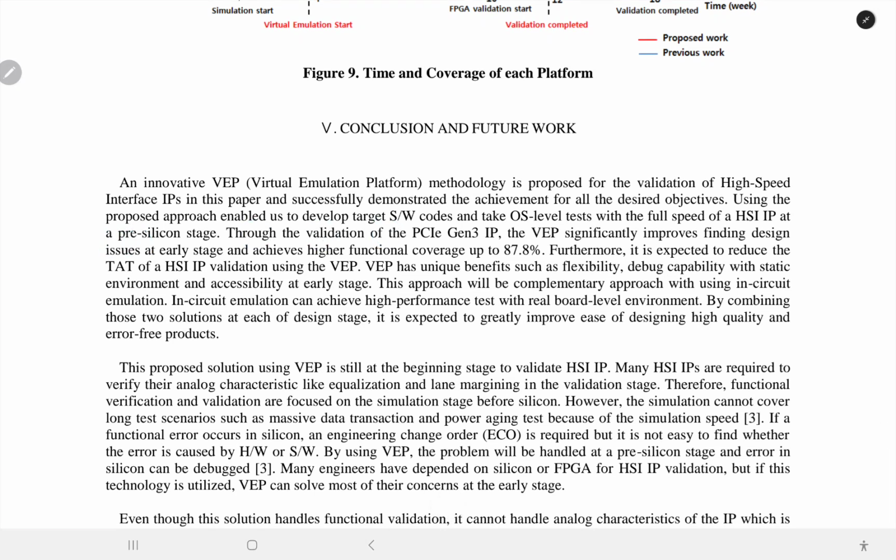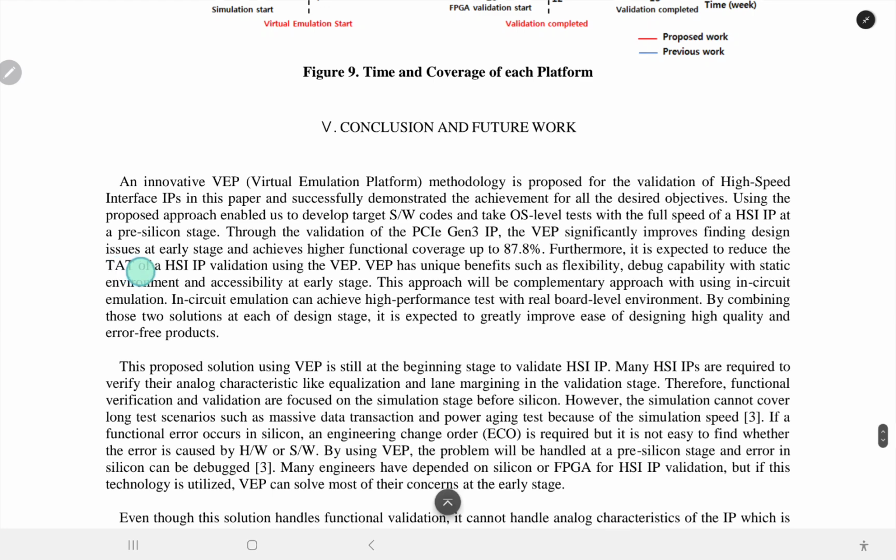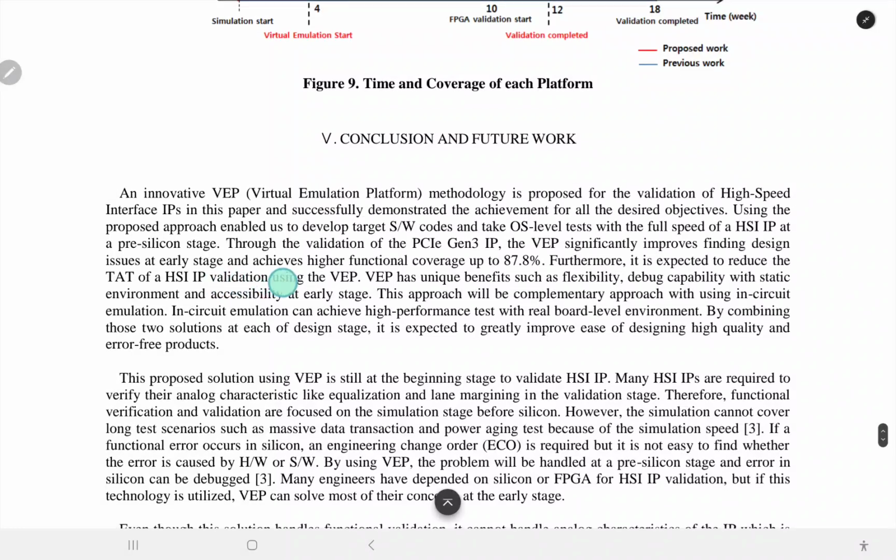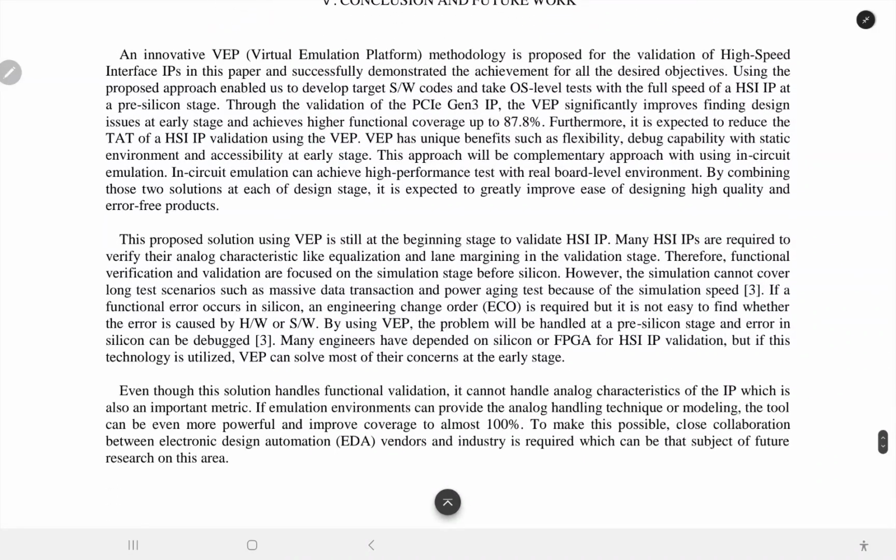Through the validation of PCIe Gen3 IP, the VEP significantly improved finding design issues at the early stage and achieved a higher functional coverage of up to 87.8%. Furthermore, it is expected to reduce the TAT of HSI validation using the VEP.